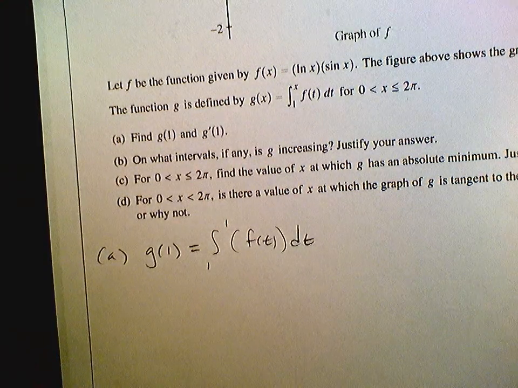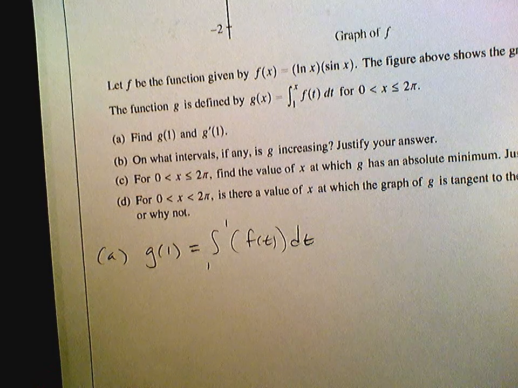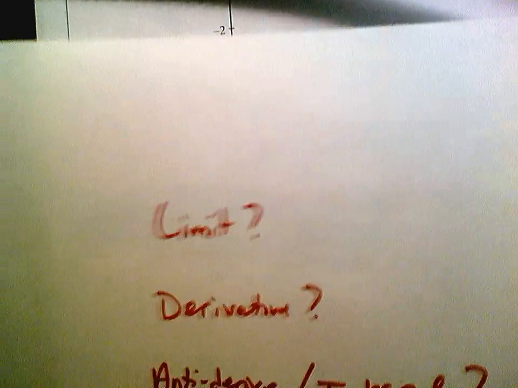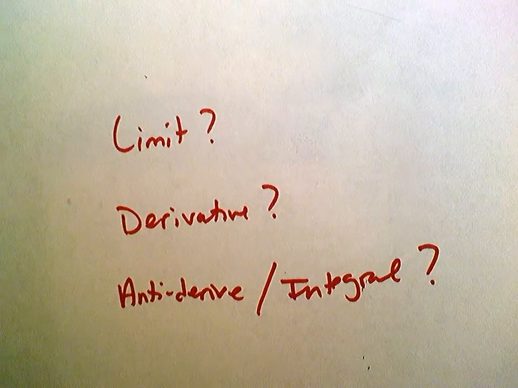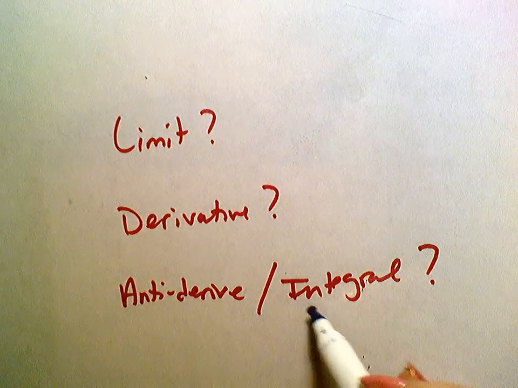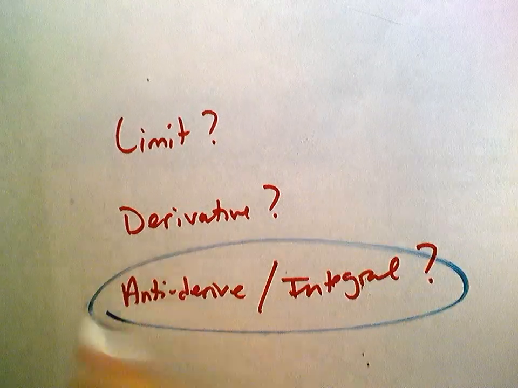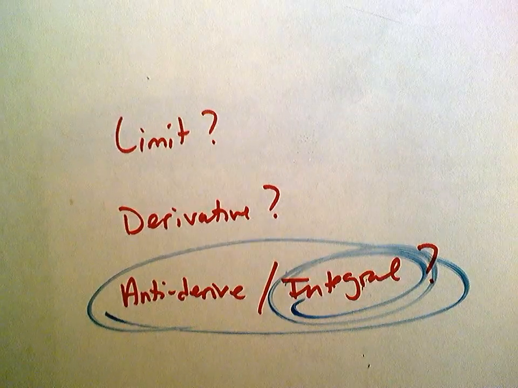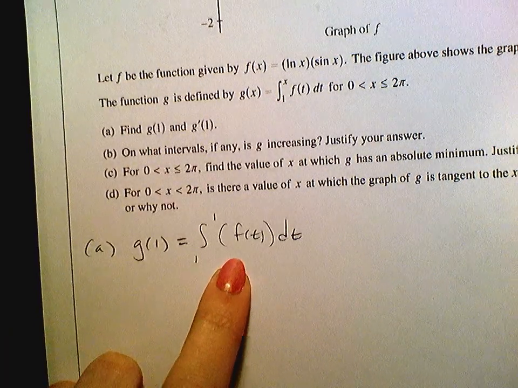And always we need to ask ourselves, are we doing a limit, a derivative, or an antiderivative, or an integral? And for this specific one, we're looking at an antiderivative slash integral, that's the category this would fall under.